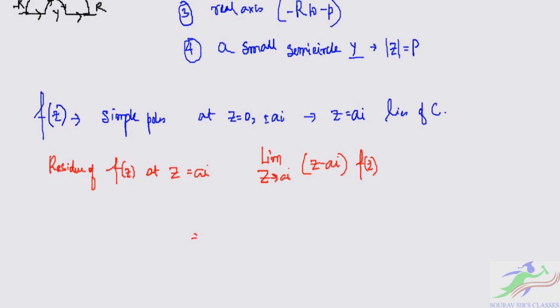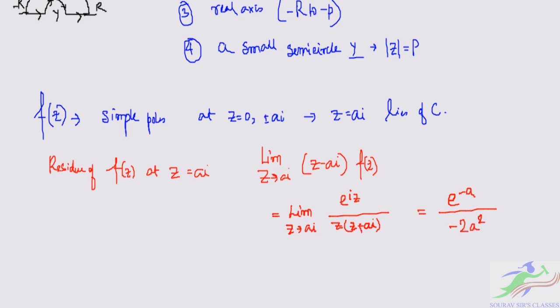This will be the limit z tends to ai of e to the power iz by z multiplied by (z plus ai). So this is going to be e to the power minus a by minus 2a square.